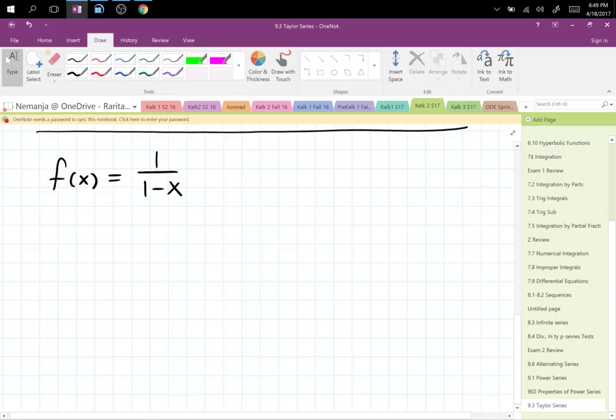Center it at 0, so it's technically a Maclaurin series. So the nth derivative computed at 0 divided by n factorial with the x to the n, right? That's what we have. Start from 0 to infinity. Let's see what you get. So get the first few terms.